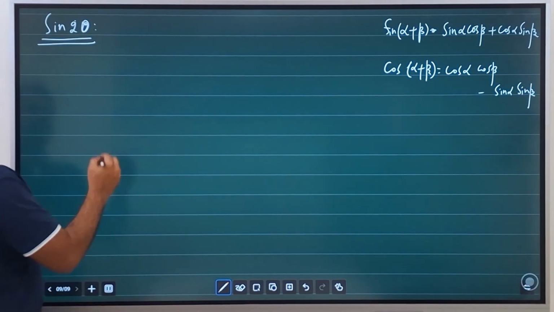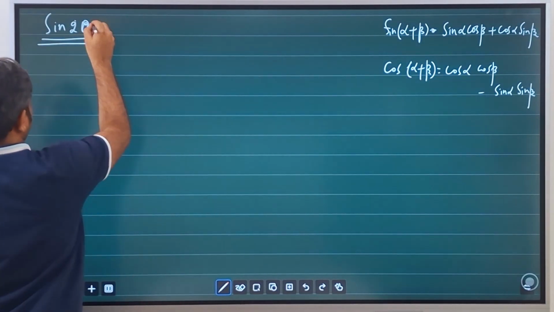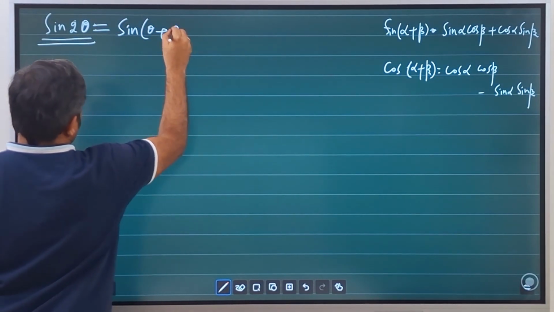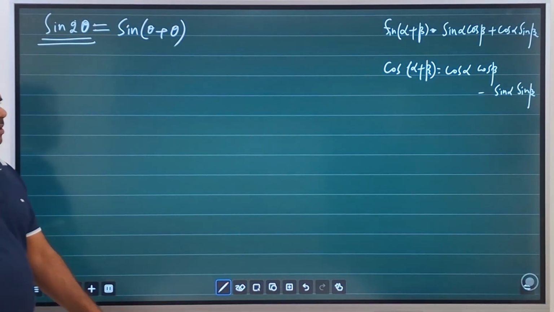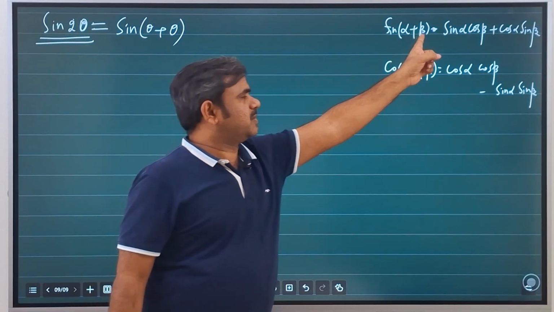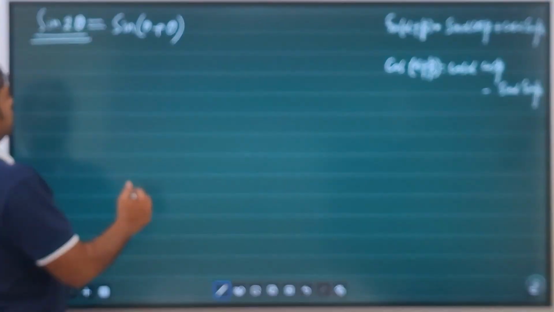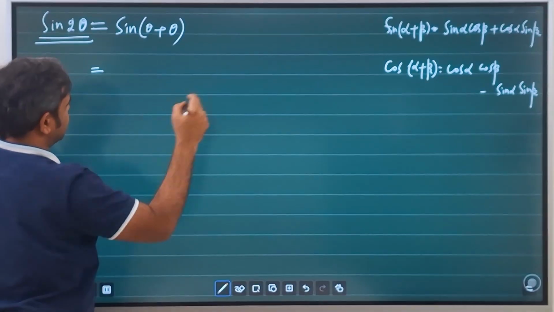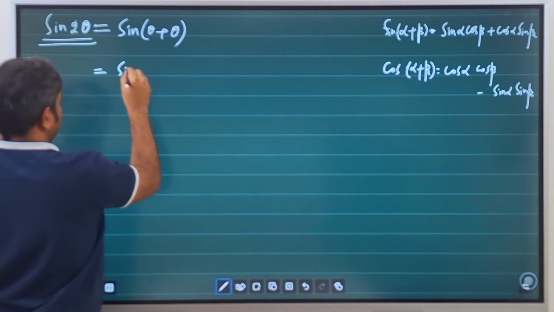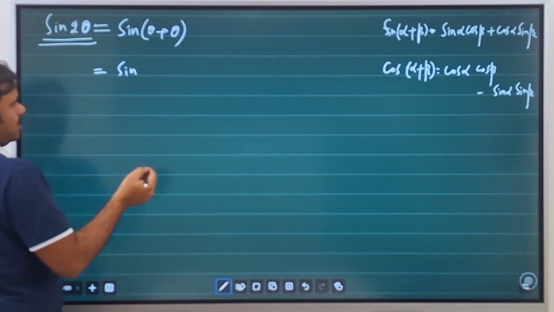Sine 2 theta can be written as sine theta plus theta. Use this: alpha is equal to theta, beta is also equal to theta. So if you use that identity here, it is like sine alpha plus beta, with theta in place of alpha and also theta in place of beta.